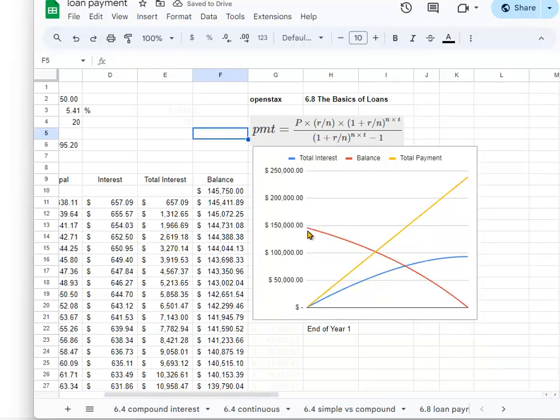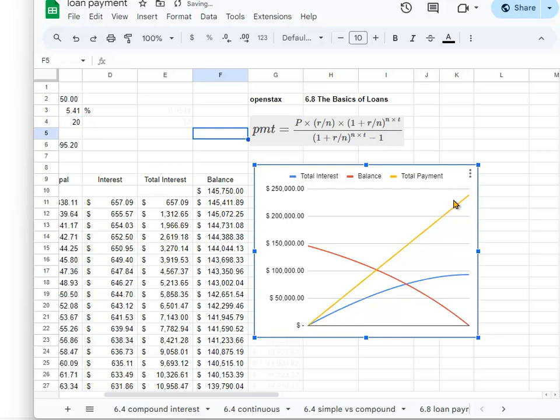Okay, so it starts at 145,000, the balance, and then it goes down to 0 when we're done. Not after year 1. Let me cover that. There we go. But after year 20, or 240 months, this one here is the total interest that is being paid over these years.